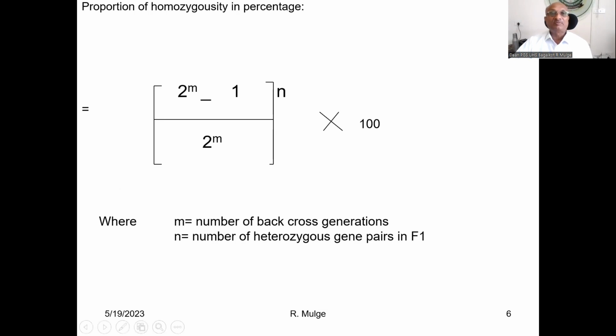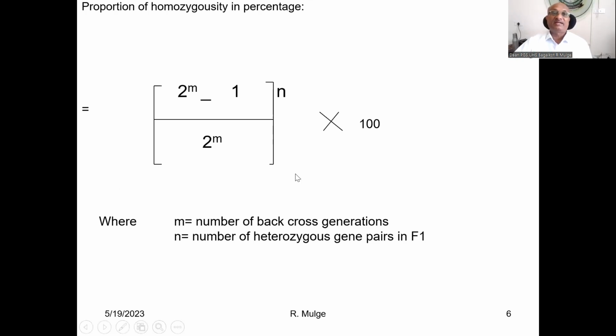It is the formula (2^m minus 1) divided by 2^m, all raised to n, into 100. That will give you the proportion of homozygosity in percentage, where m is the number of backcross generations and n is the number of heterozygous genes.